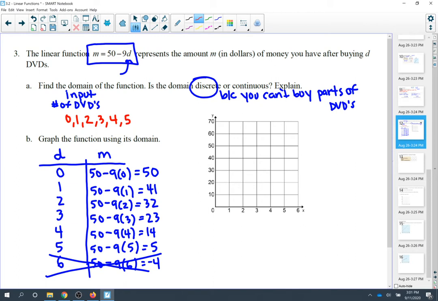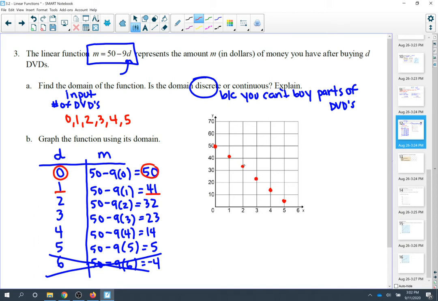Then if we're going to graph the function, we've got (0, 50). So we go to our graph, over 0, up 50. We have (1, 41), over 1, up 41. (2, 32), over 2, up 32. (3, 23), (4, 14), (5, 5), and it would look just like that.